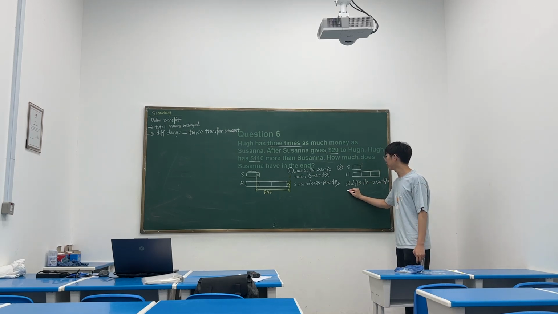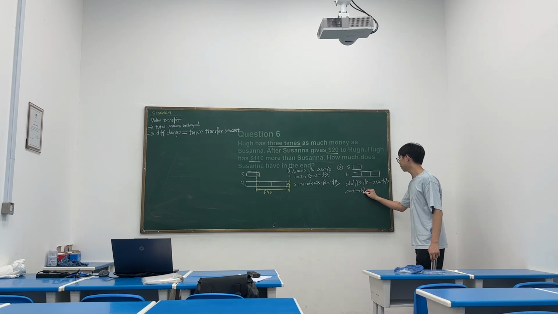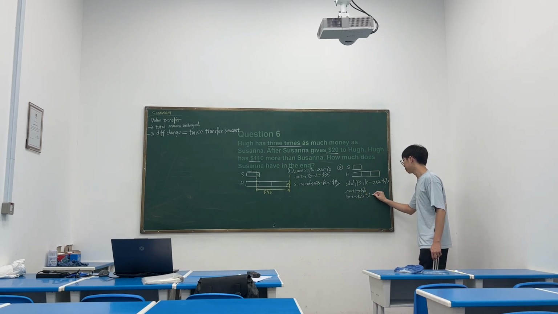Just by this property, you can find out $70. And then similarly, 2 units are equivalent to 70. 1 unit equals 70 divided by 2, which is $35.